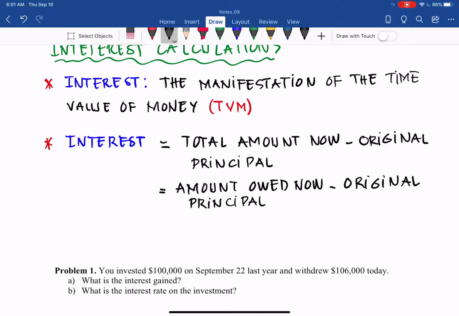And then the term related to interest, we're talking about interest rate.